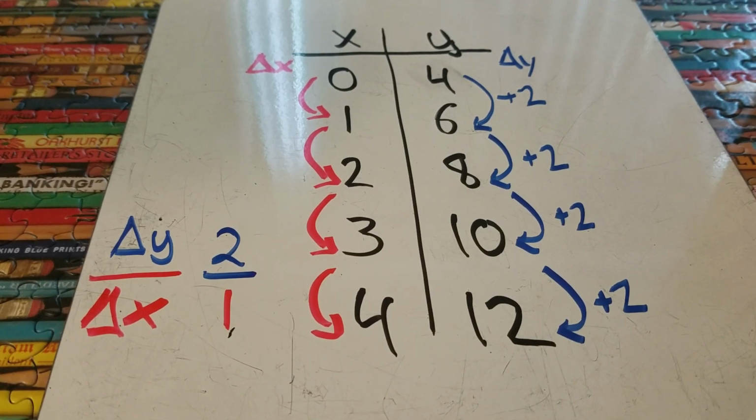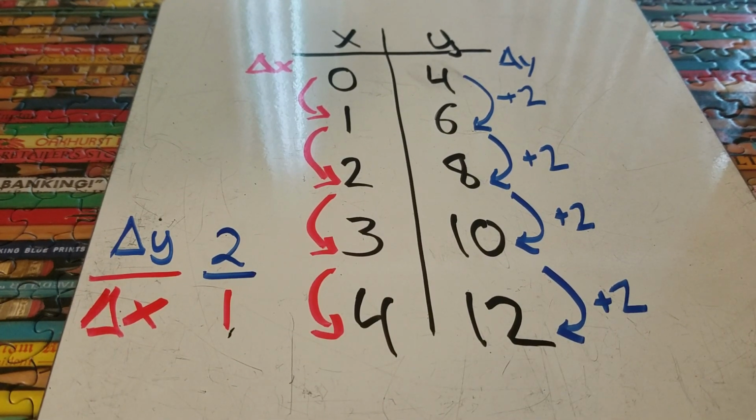This is not always going to be the case that every single one looks exactly the same. You're going to see on my next example that sometimes not all the ratios look exactly the same, but they are still equal.